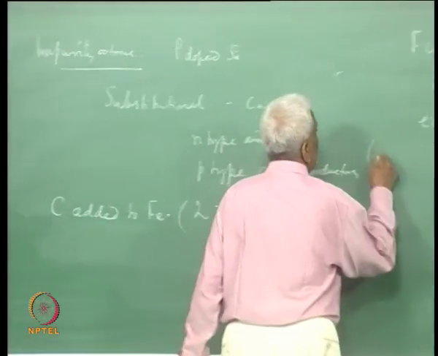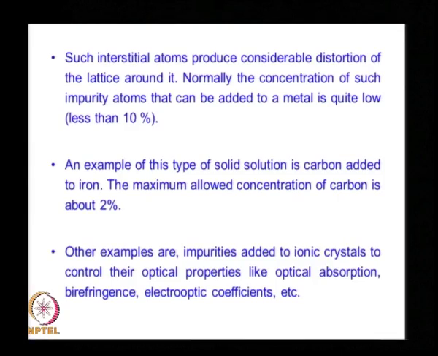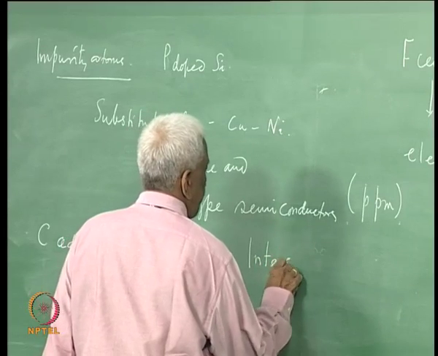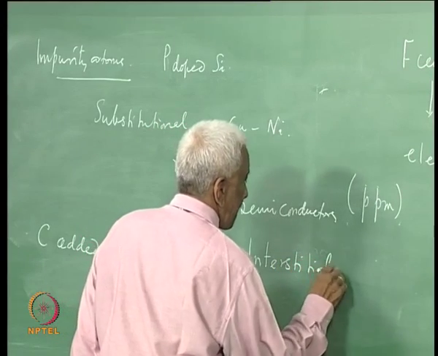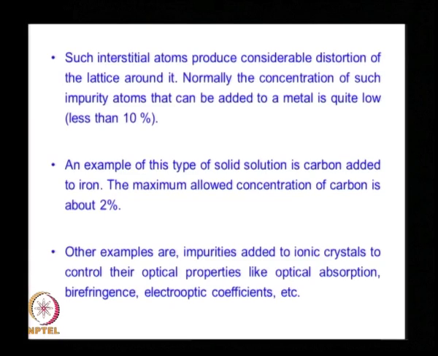These are parts per million level. So, when this is done, you have interstitial sites for the impurity. For this reason, the concentration cannot exceed, say, 2%. So, optical absorption, birefringence, electro-optic coefficients, all these can be modified.